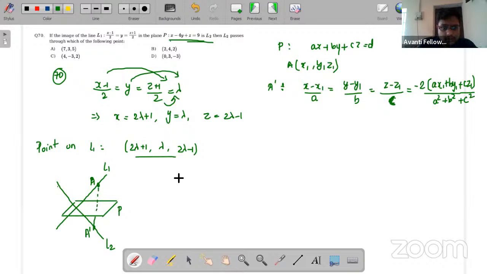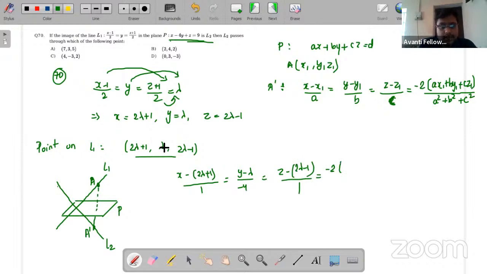Now, for L2, we first find the point: x minus (2 lambda plus 1) upon 1 is equal to y minus lambda upon minus 4, where b is minus 4, and z minus (2 lambda minus 1) upon 1 is equal to minus 2 times.